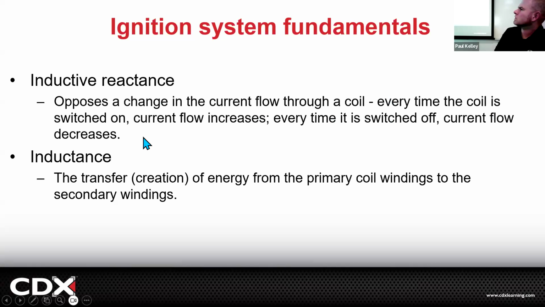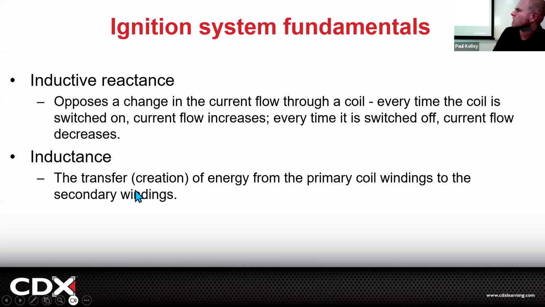Every time the coil is switched on, the current flow is going to increase. Every time it's switched off, the current flow is going to decrease. Electrical works that way. So if you turn the switch on, increase in current, right? What happens if you turn the switch off? Decrease or no more flow. Yeah, exactly. Right.